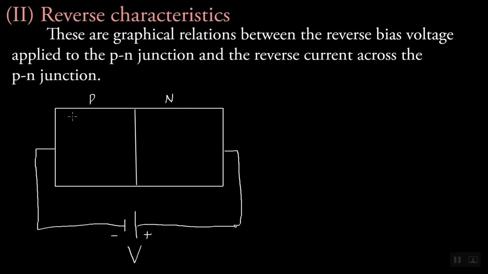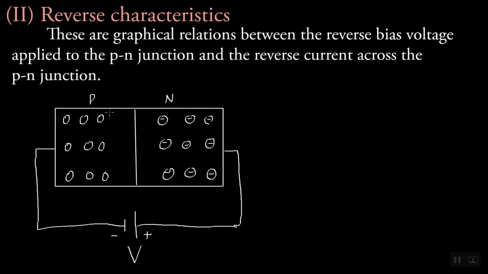All right, so on the P side we have the many holes, and on the N side we have the many electrons. This is the depletion region, where here you have the electrons and here you have the holes.